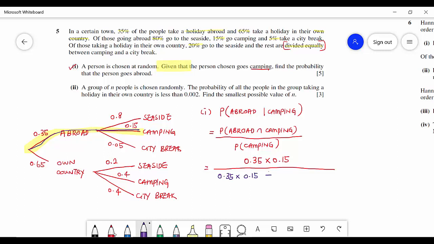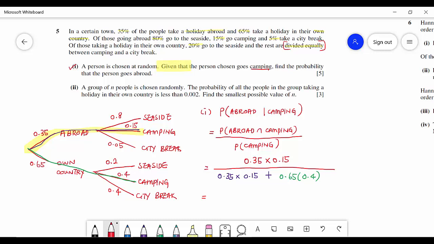Is there any other possible outcome about camping? For own country, you are having camping as the activity also, which is 0.65 multiplied with 0.4. These are the two possible outcomes that we have for the activity as camping, so you have to include the probability for both pathways.